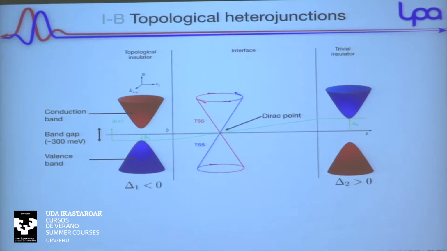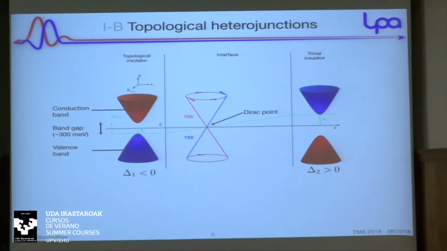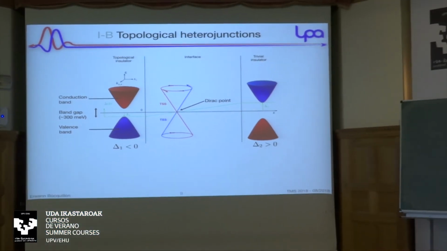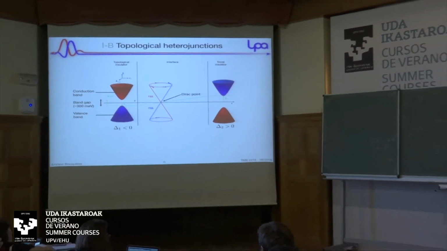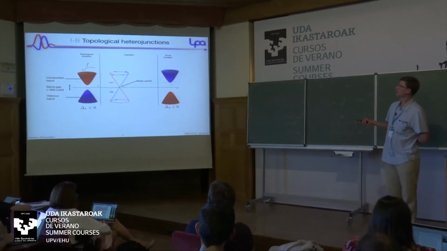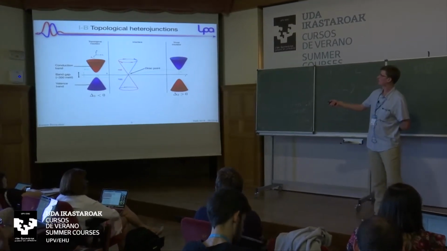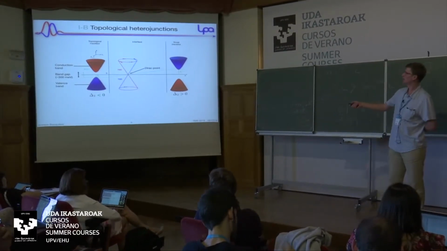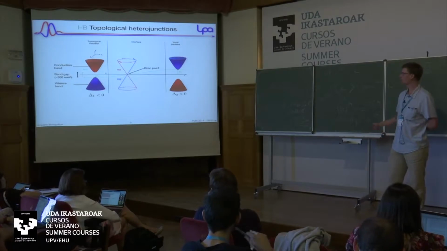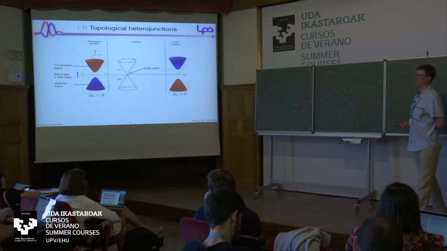So our main idea is to start with the following statement. When you look at a junction between two insulators, one of them being topological, you are in the typical situation where you have an insulator with a negative band gap, which would be here mercury telluride with a 300 meV inversion gap.